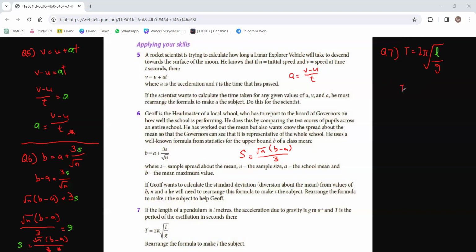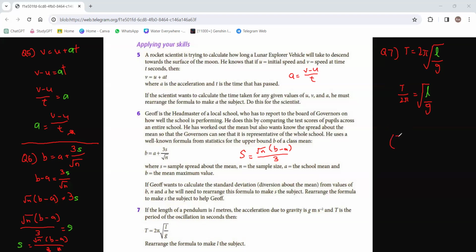So we will get t over 2 pi equals square root L over g. Now, second, we know that here is square root. So square root, move to the other side is square.